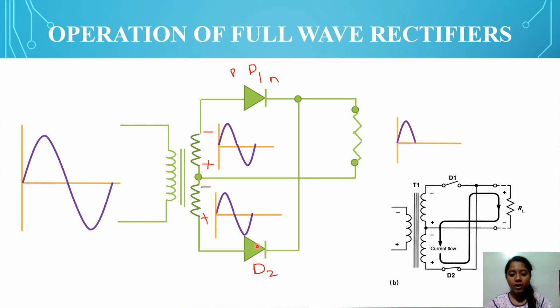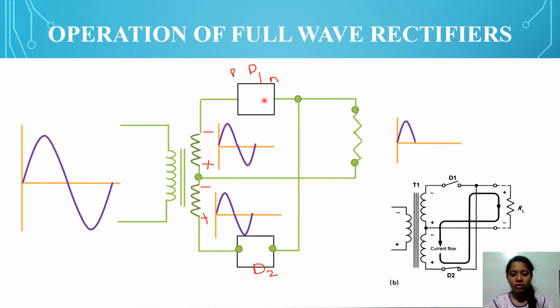Coming to diode 2, positive is connected to P type. Since positive is connected to P type, there is forward bias. That means diode 2 acts as forward bias. Since it is forward biased, the diode acts as an on switch. In an on switch, there is a flow of current, and this is how it is represented. In diode 1, there is an open switch, so there is no flow of current.